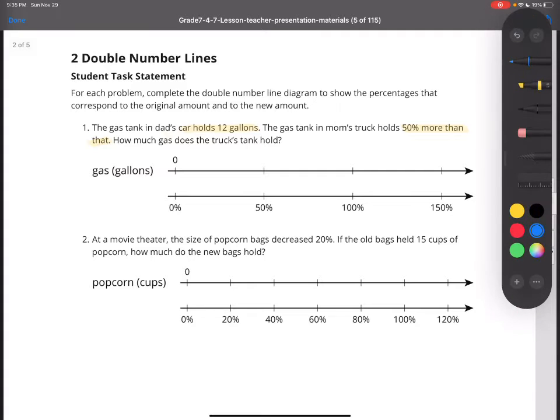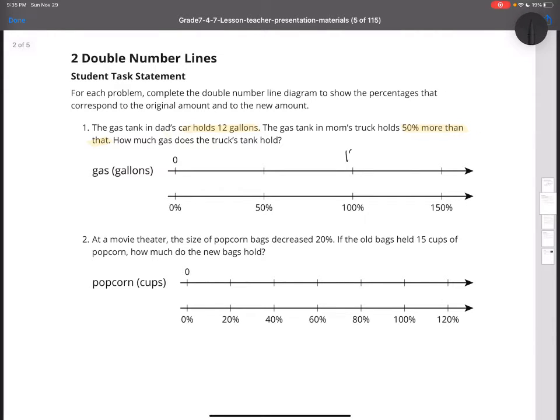Now, we're basing it off of Dad's car, okay? Dad's car is 12 gallons. So, 50% of any number is like basically asking for half of it.